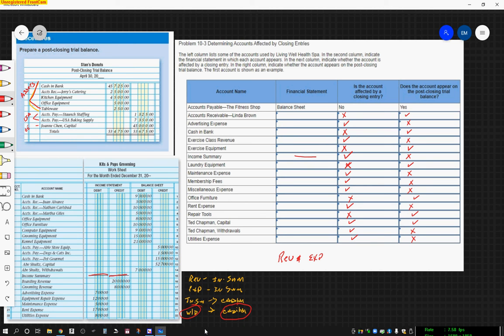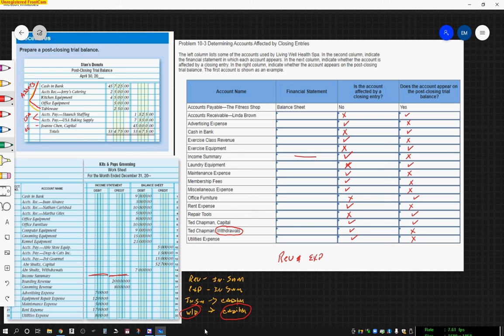So what you're going to do is, if it's not a revenue and it's not an expense, you're going to say balance sheet. The only temporary account that shows up on the balance sheet is the withdrawals, because it's neither an expense nor a revenue, yet it affects the capital. The quickest way of devaluing your company is to take cash out of it.